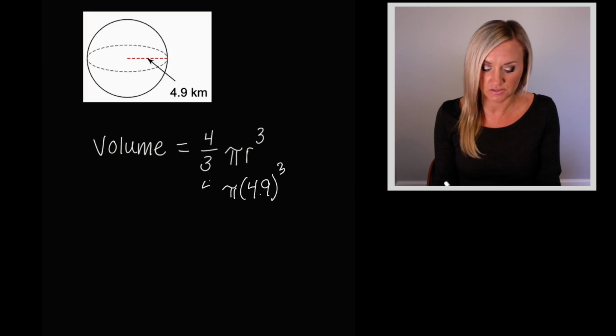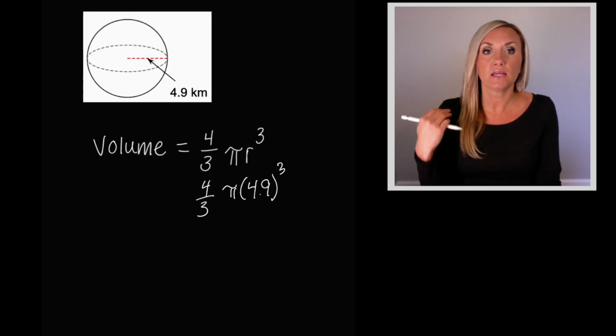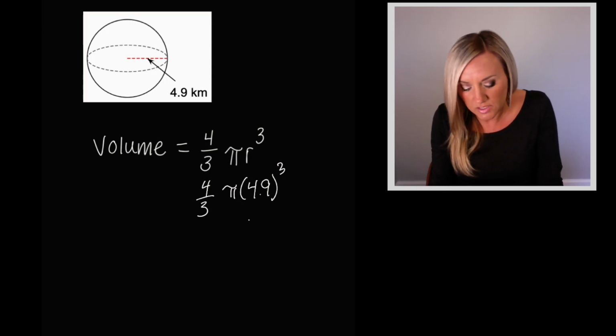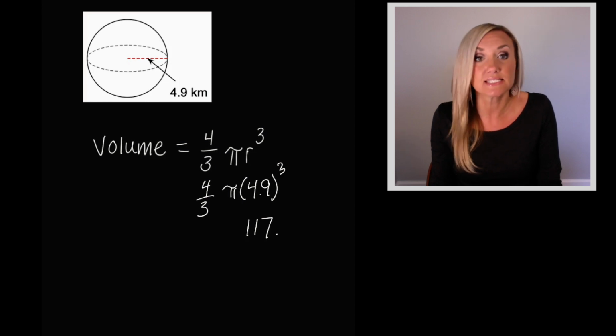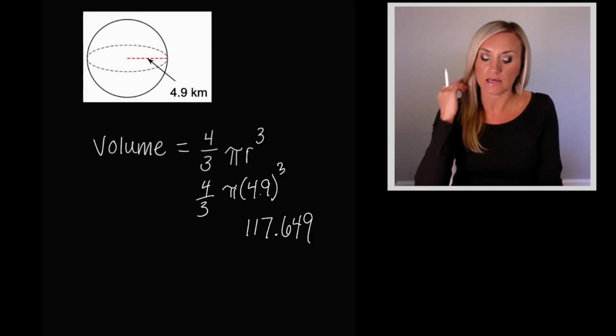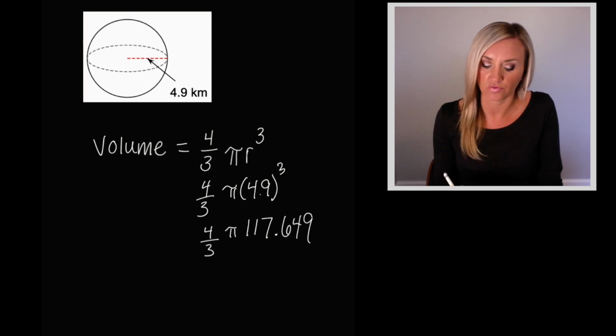And I just always like to rewrite my entire equation. And then in your calculator, 4.9 to the third power is going to give us 117.649. And remember, it's still pi and we still have 4/3.